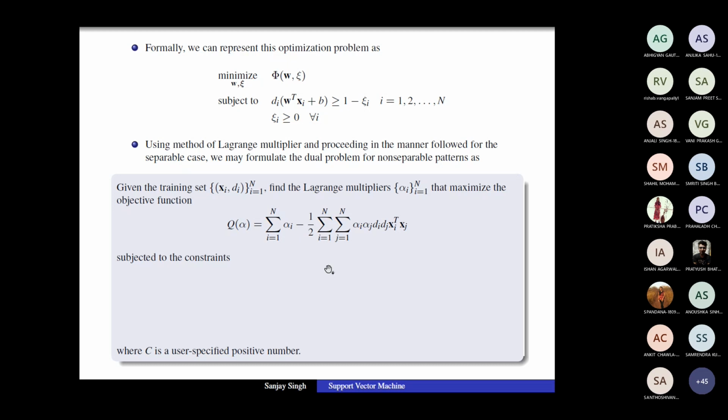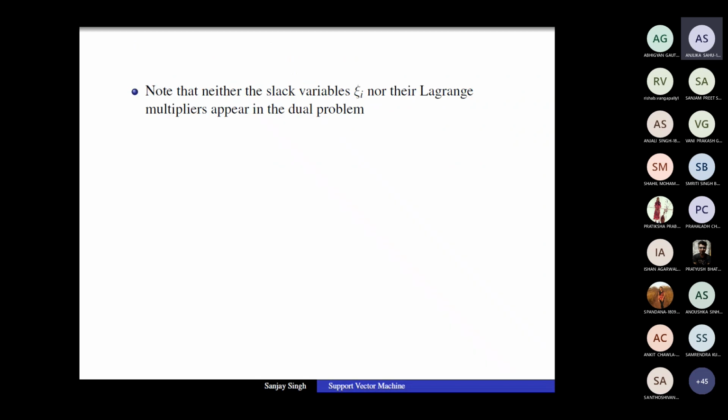From this dual formulation, we get this particular equation, and you'll be surprised to see that even though the primal problem is quite different, they are poles apart as compared to the linear separation condition and the non-linear separation condition, the dual optimization variable of the objective function remains the same in either case. This is quite surprising. And this constraint will be there, and of course this alpha is now upper bounded by C. You cannot have anything other than C. So once we solve this, we can get this number.